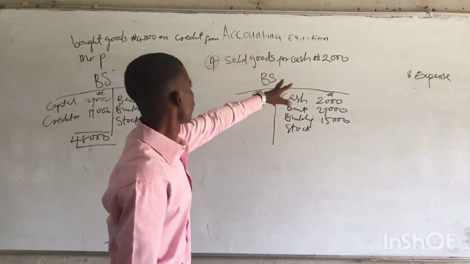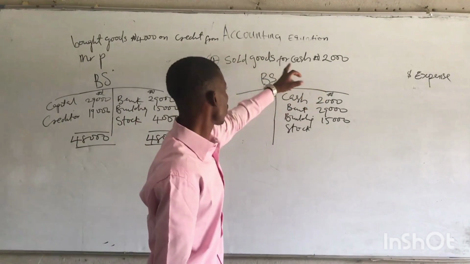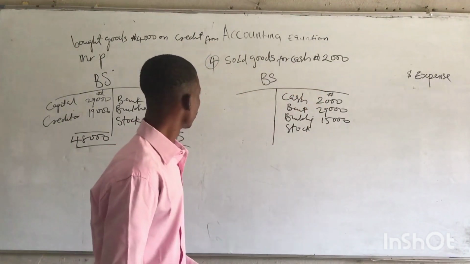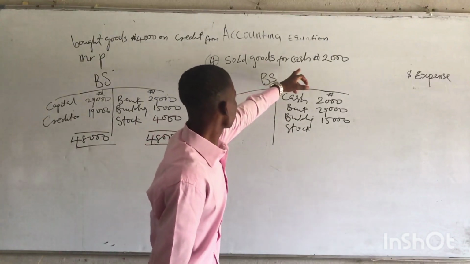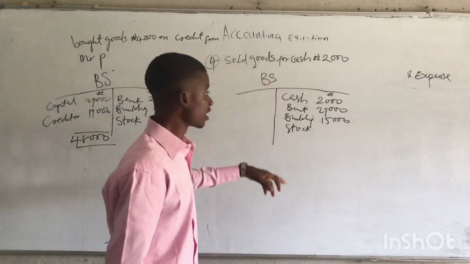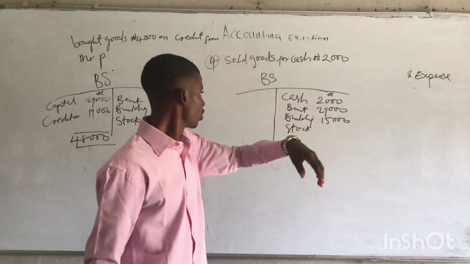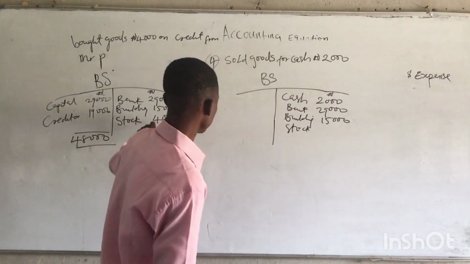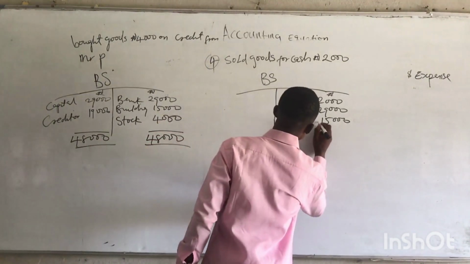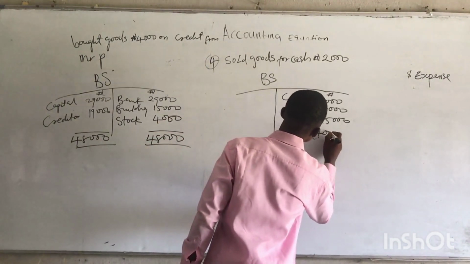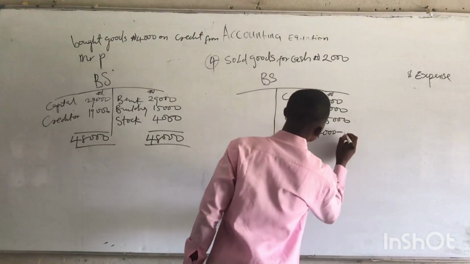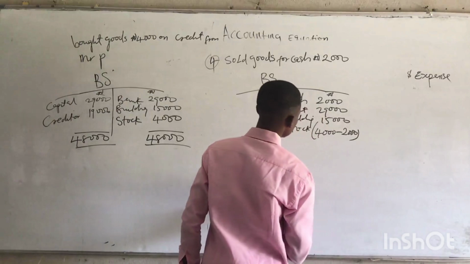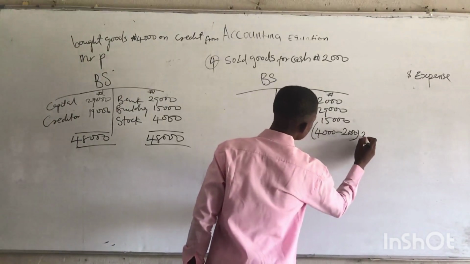Remember that the two accounts involved here are the cash account and the stock account. Both of them are asset accounts, but while cash is increasing, the stock is decreasing because you are selling it out. Before, we had stock 4,000, minus the 2,000, so the value we have here will be 2,000.